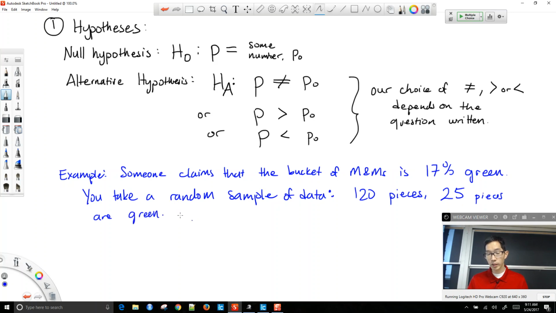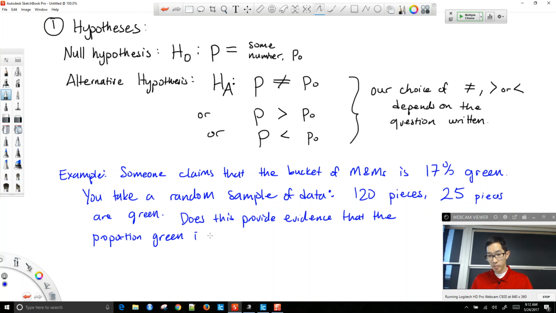And we ask, does this provide evidence that the proportion green in the bucket is higher than 17%?